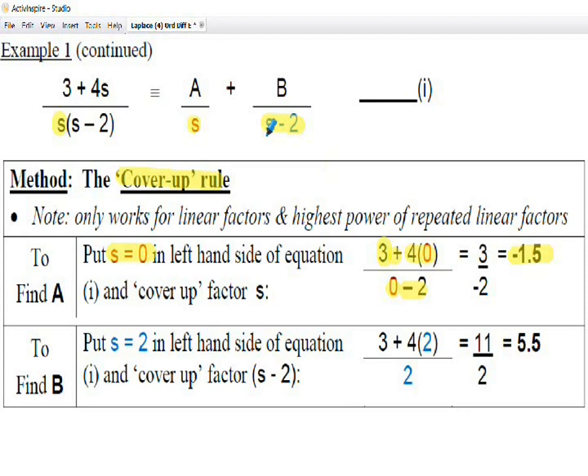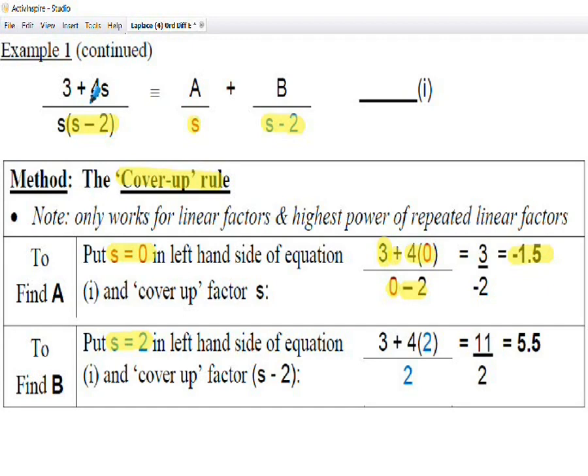What value of s do I need to make this denominator tend to 0? Well, s is equal to 2 in this case. 2 take away 2 will give me 0. So this time we cover up the next term on the left hand side, which is in the denominator, which is s minus 2.